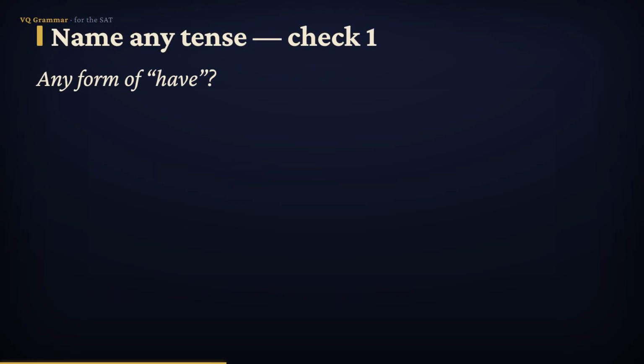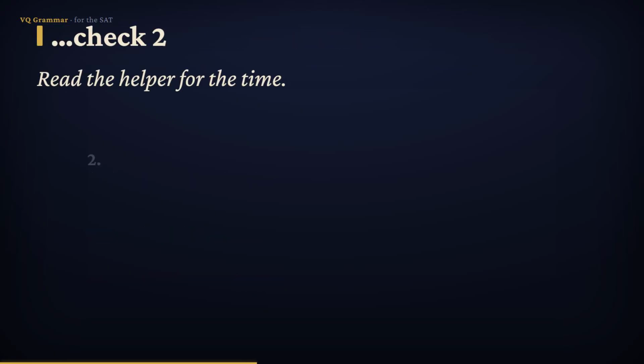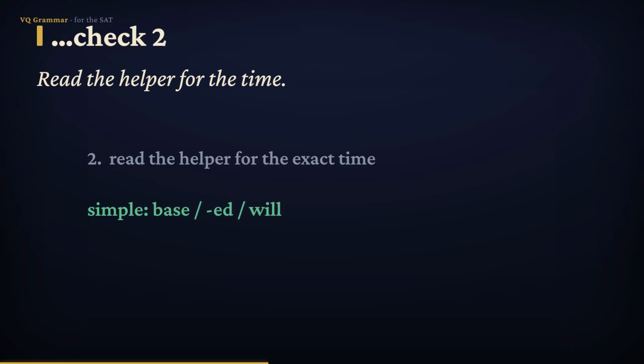Here's how to name any of the 6 with 2 quick checks. Check 1. Is there any form of have? If there's no form of have, it's a simple tense. If there is a form of have, it's a perfect tense. Check 2. Read the helper to pin down the time. For the simple tenses, the verb itself shows it.